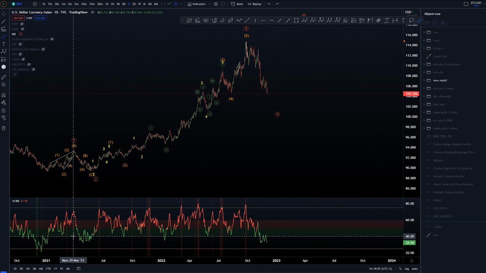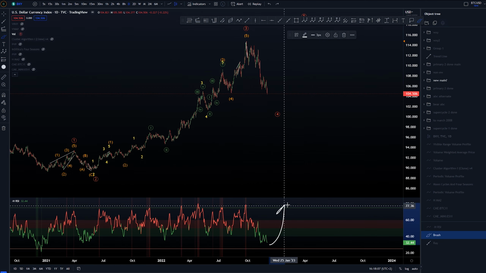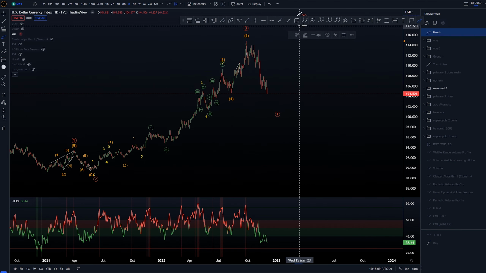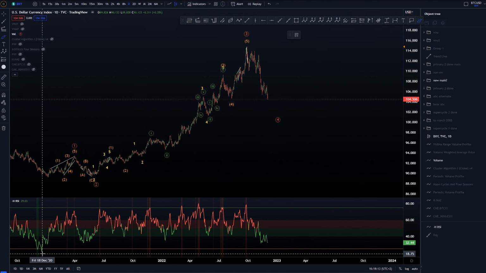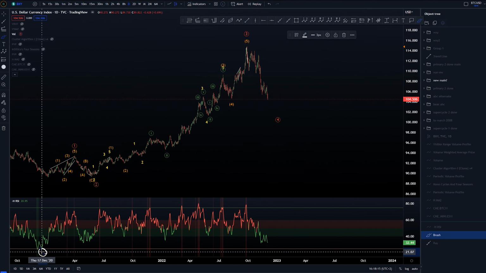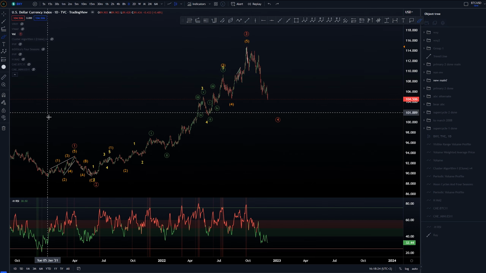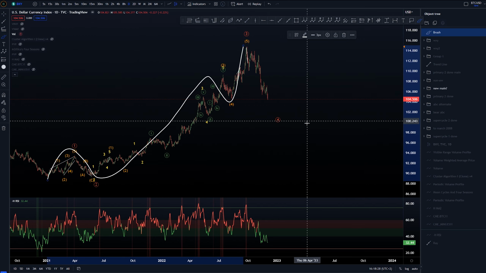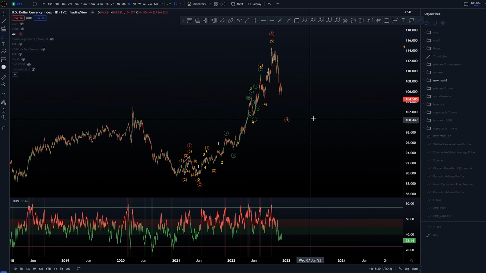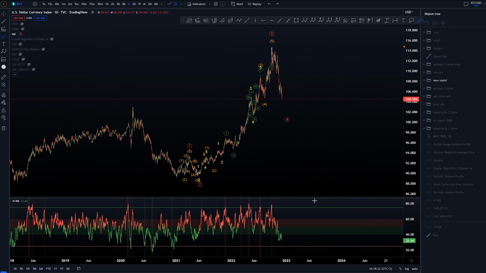We still see that there is a possibility where this could rise up for that 5th of primary that is hiding here. But again, if we take out these lows that we had here on December 2020 on RSI, this whole thing is probably done, and then we would have to accept that we have this as a 1, 2, 3, 4 and 5, something like that, up into these lows, and then we would be starting something new to the downside.